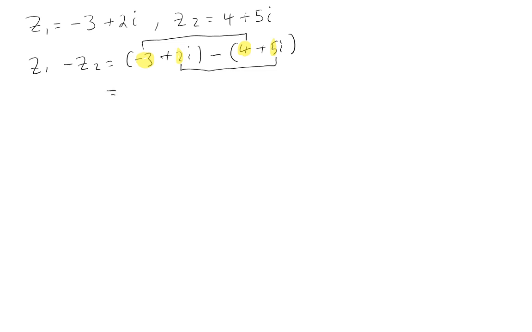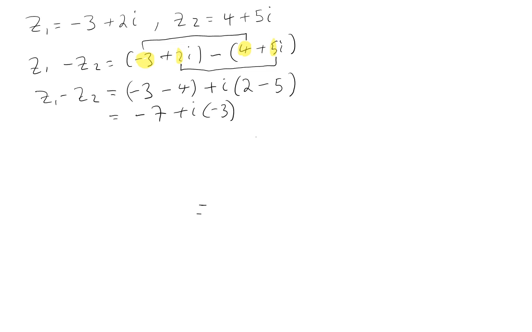So then z1 minus z2 will be equal to the real part here, minus 3, minus the real part in z2, then minus 3 minus 4, then plus i. The imaginary part in z1 is 2, the imaginary part in z2 is 5, minus 5. Minus 3 minus 4 will give us minus 7, plus i. 2 minus 5 will give us minus 3. Then we'll have minus 7, i and minus 3 will give us minus 3i.